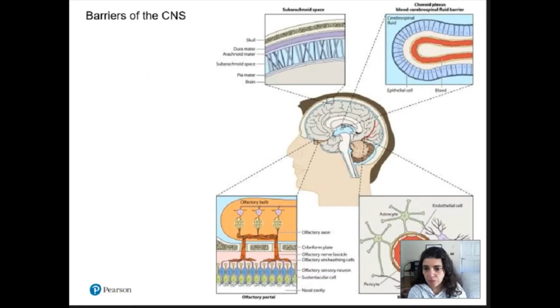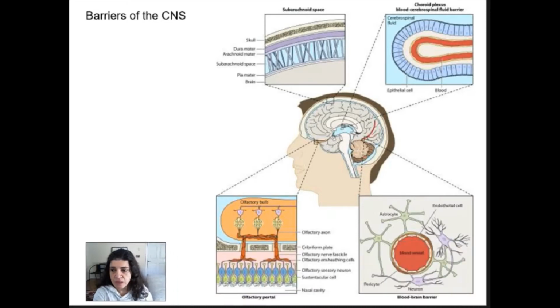So let's talk a little bit about that. The cerebrospinal fluid provides mechanical support, regulates ion composition, and maintains chemical stability in the brain. It circulates in the ventricles, which are all these little blue areas here, and around.